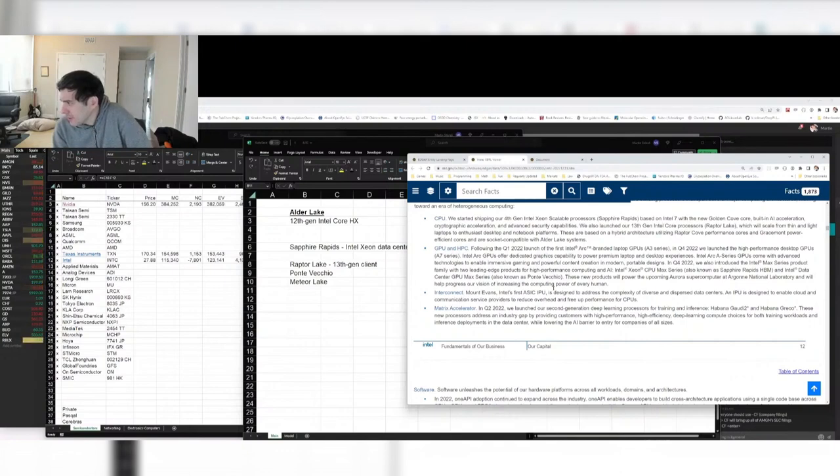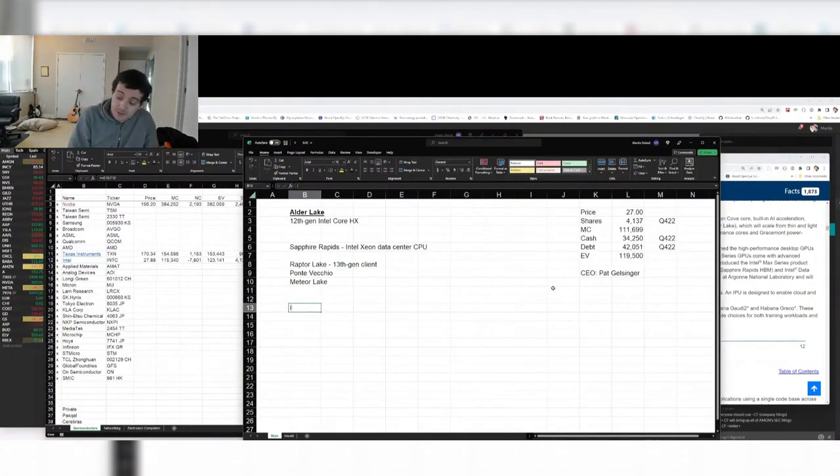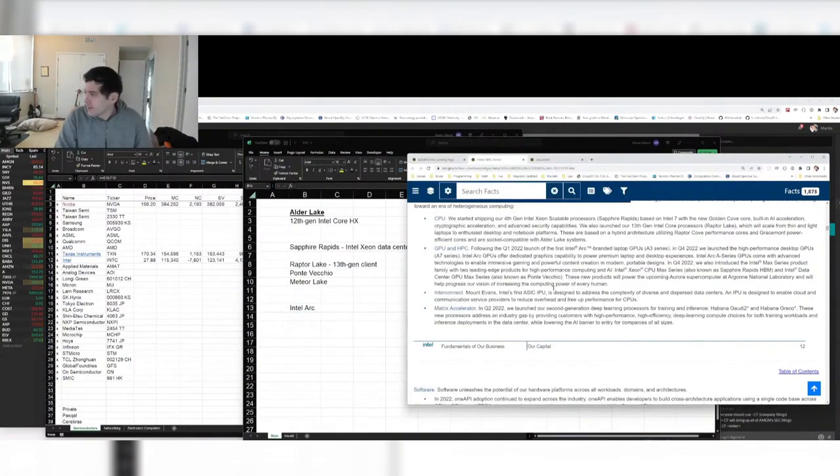Laptop GPUs and high-performance desktop GPUs, A7 series, Intel Arc. So this is their attempt to, I guess, get into Nvidia's business. A little late.